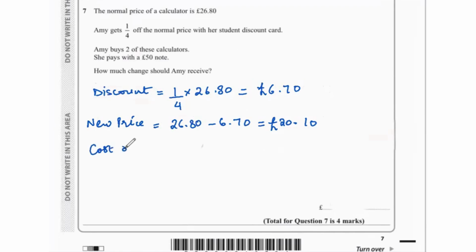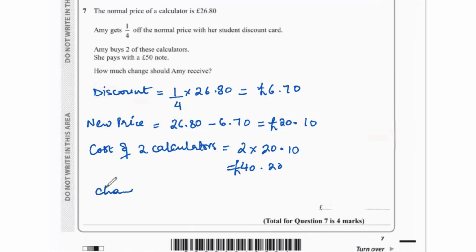So the cost of 2 calculators is 2 times 20.10, which is 40.20 pounds. So she's paying 50, so your change is going to be 50 minus 40.20. So your change is going to be 9.80 pounds.